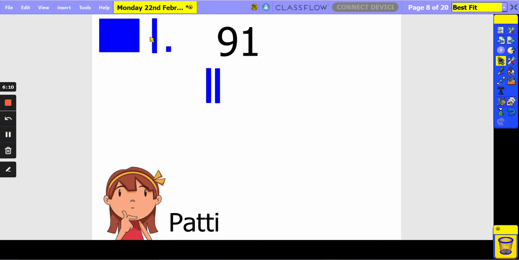So we've got 2, 3, 4, 5, 6, 7, 8, and one more, 9. Excellent. Now let's see how many ones do we have. We've only got 1 one, so we're only taking 1 of those. Well done to everybody. Excellent. Let's move on.